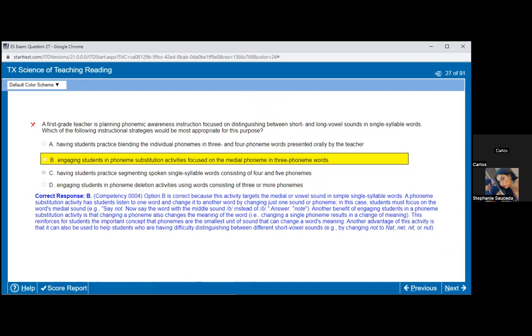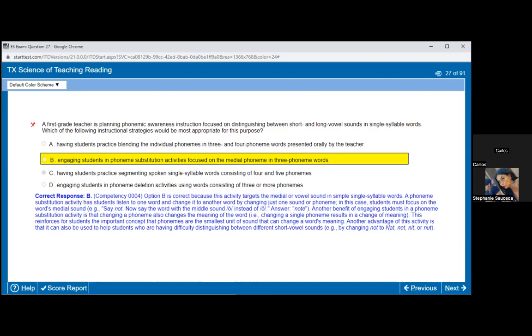So it's first grade, and my alarm bells went off. We know what first graders need to be learning and what they need to be able to do, from looking at our TEKS, analyzing them, and summarizing. Kindergartners need to be able to do this. First graders need to be able to do this in this order. Second graders, etc. So a first grade teacher is planning phonemic awareness instruction.